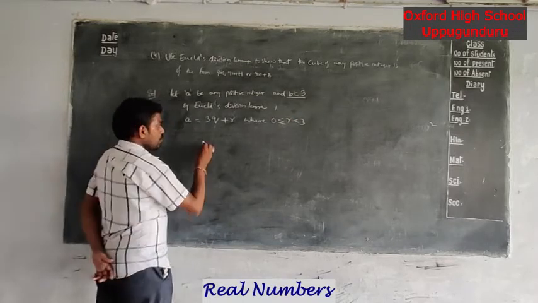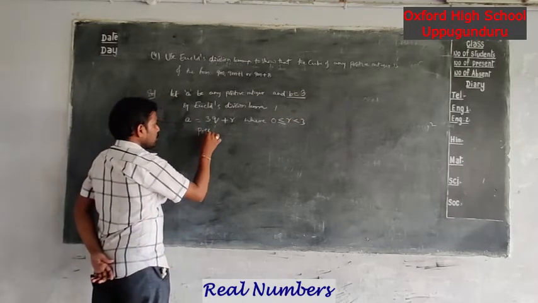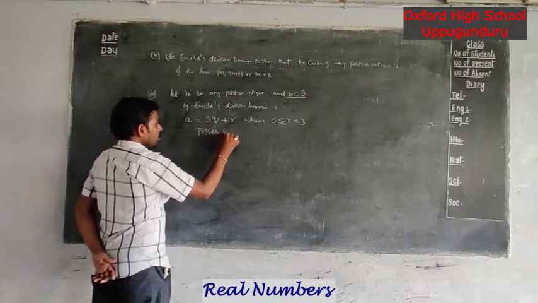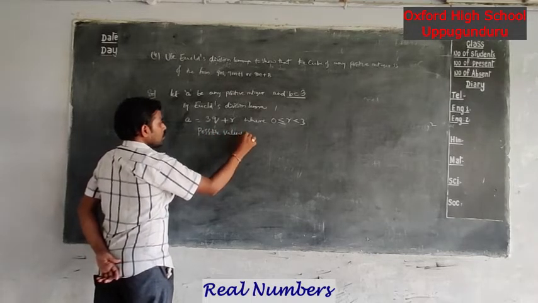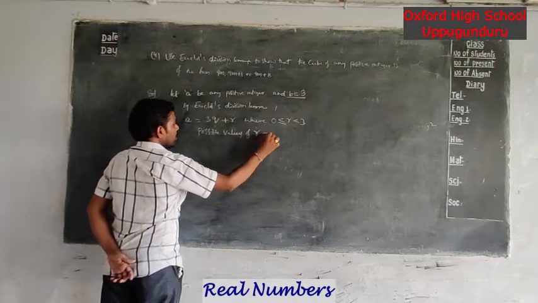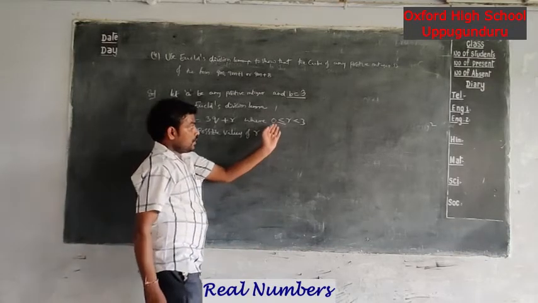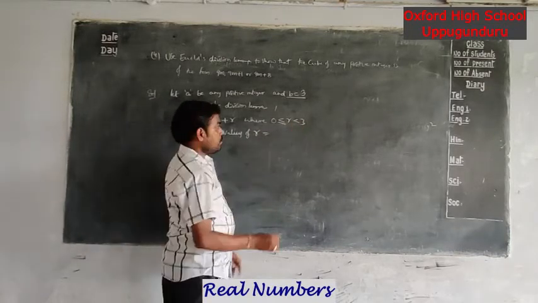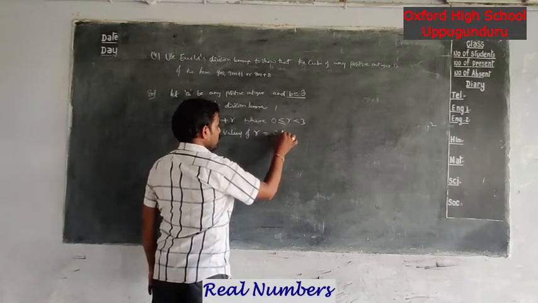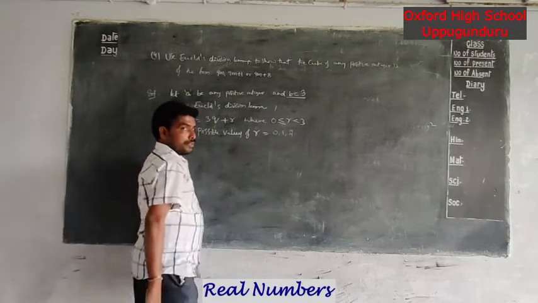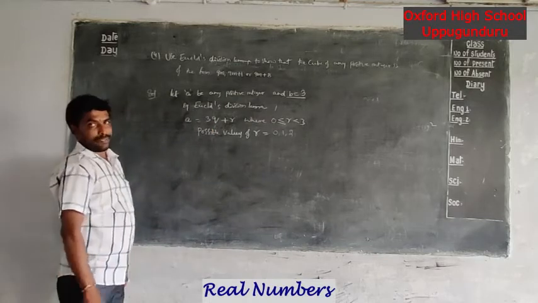So the possible values of r are 0, 1, 2. These are the possible values of the remainder.